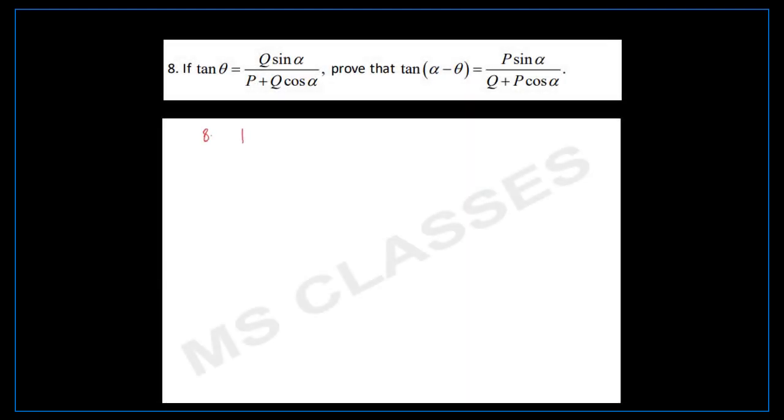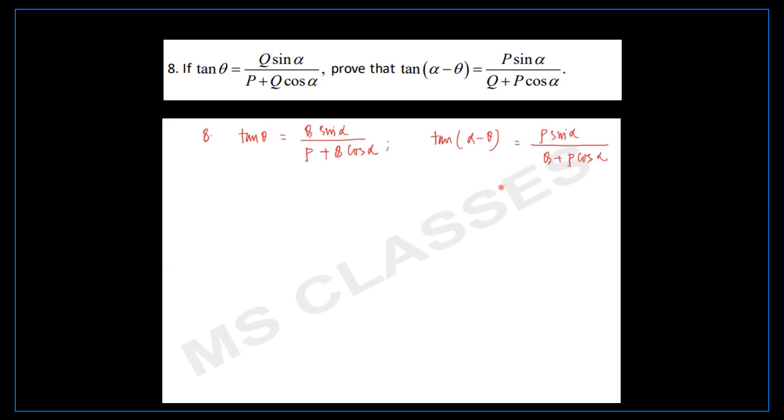Tan theta is given as q sine alpha by p plus q cos alpha. We have to find here that tan alpha minus theta equal to p sine alpha, whole divided by q plus p cos alpha.